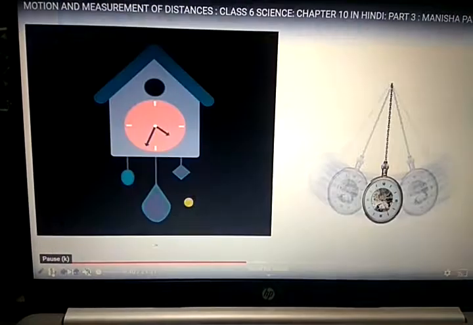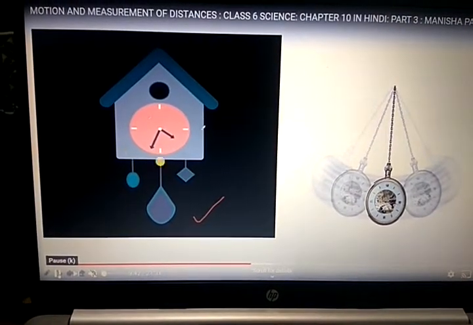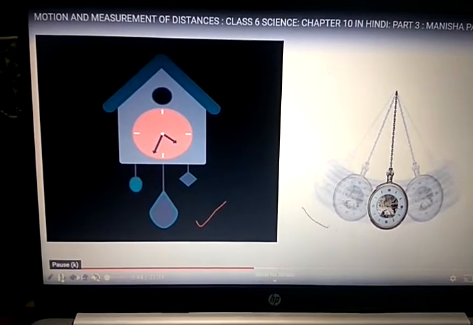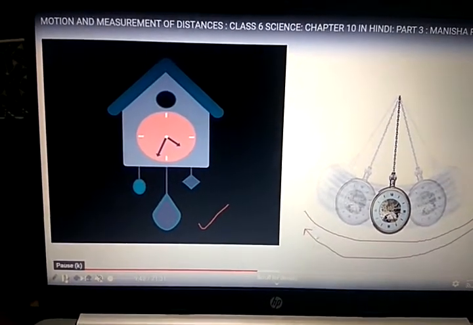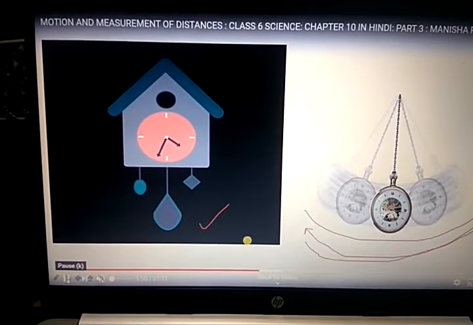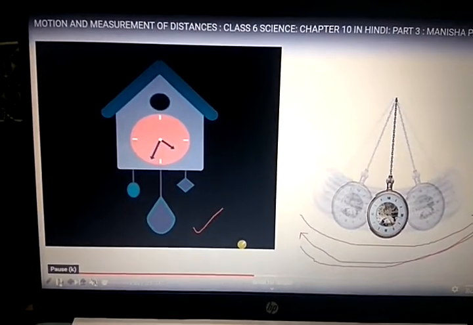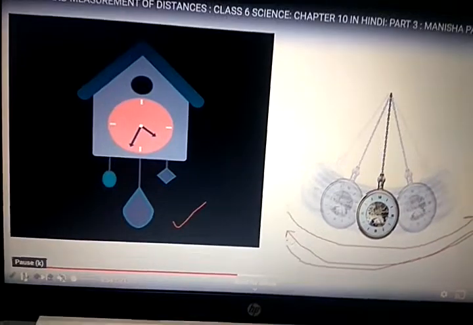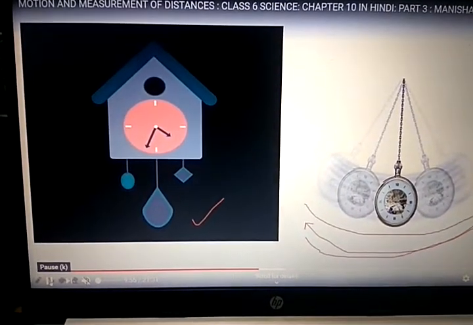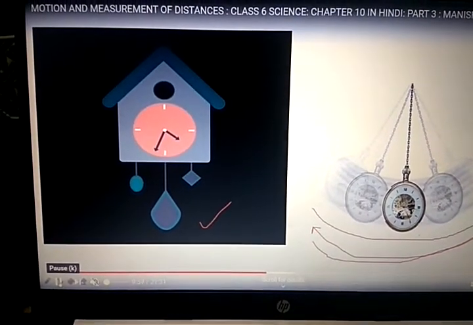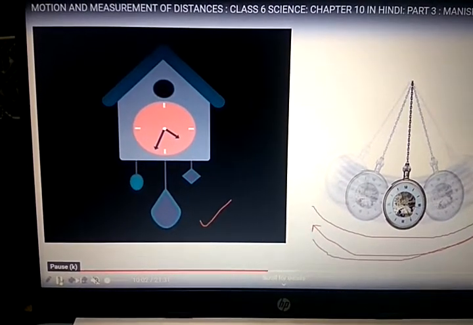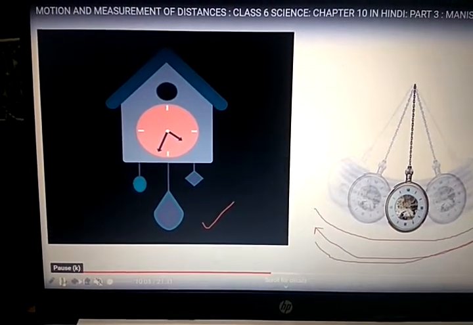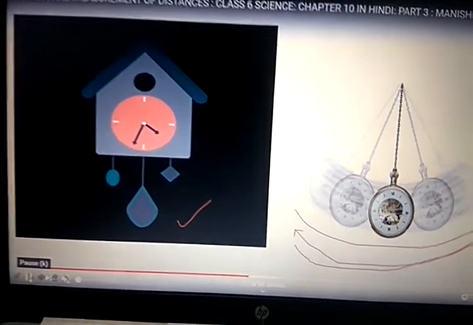Say for example, motion of a pendulum. This is an example of periodic motion. Here you can see the periodic motion of a pendulum. It is moving about its fixed position.